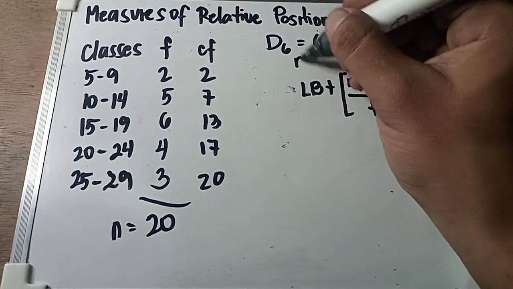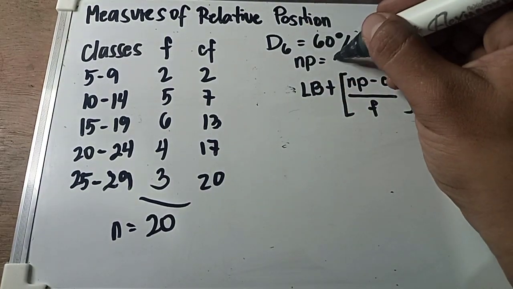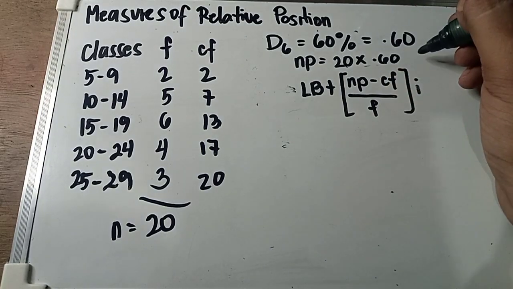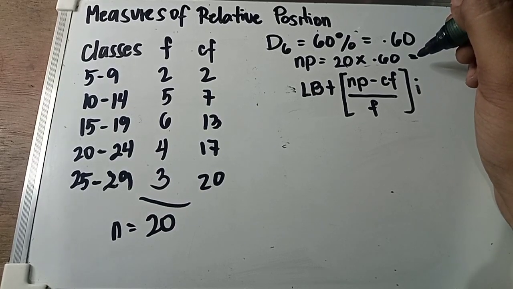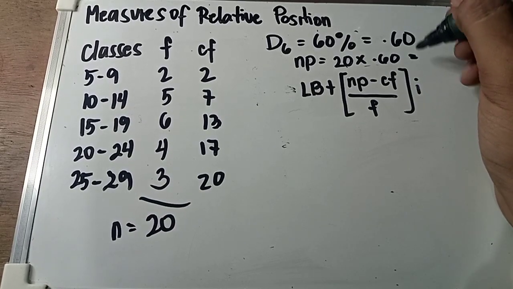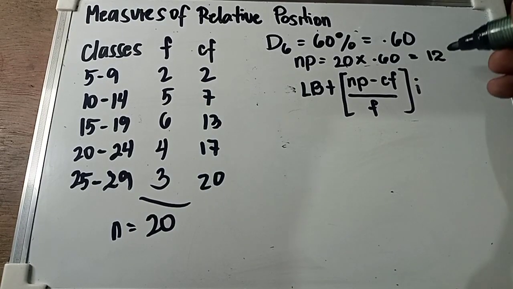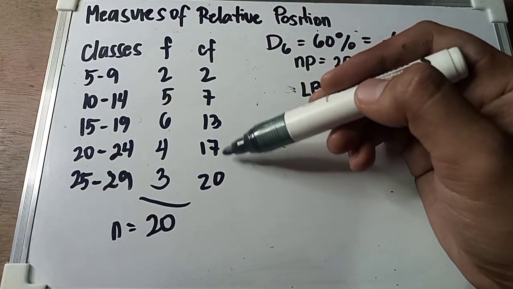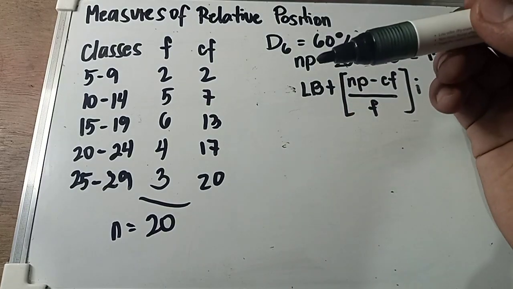So, hanapin mo ulit yung NP. NP, the total of your frequency, that is 20 times 0.60. What is the 60% of 20? That is 12. Saan pasok si 12? Kay 2, kay 7, kay 13, kay 17, or kay 20. So, dito siya pasok kay 13.